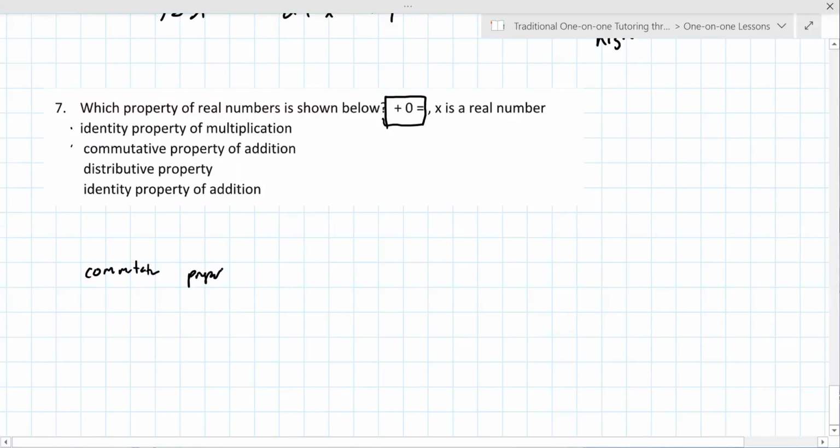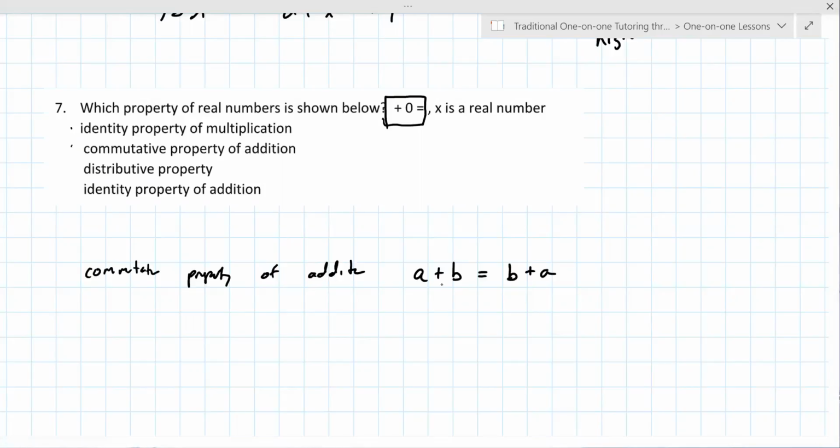What this says is A plus B equals B plus A. In real words, if you add two things together, like 7 towels and 3 towels, it's the same as 3 plus 7. The order doesn't matter.